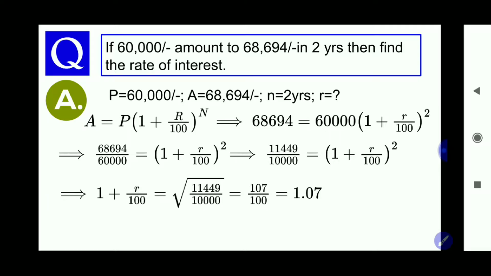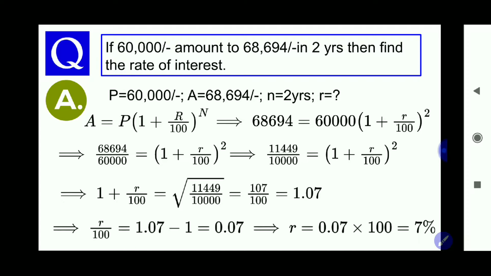Now 1 + R/100 is equal to root over 11,449 by 10,000. It is 107 by 100. That means 1.07. So R by 100 is equal to 1.07 minus 1, that is 0.07. That implies rate of interest R is equal to 0.07 into 100, that is 7%. That's all.